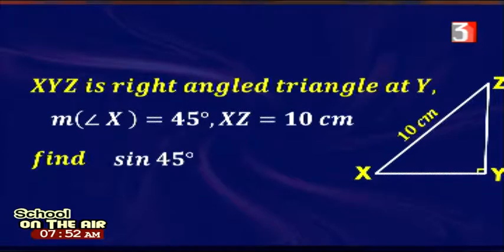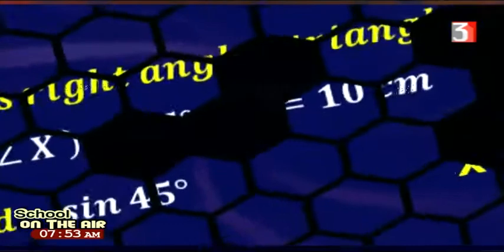Find sine 45 degrees. First of all, when you look carefully to such an example, you have measure angle X equals 45 degrees. This means that this triangle is what? That's correct.